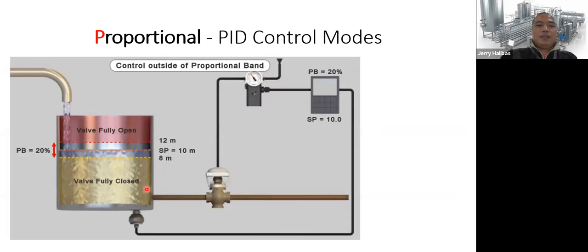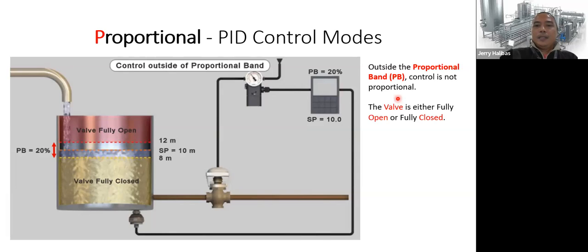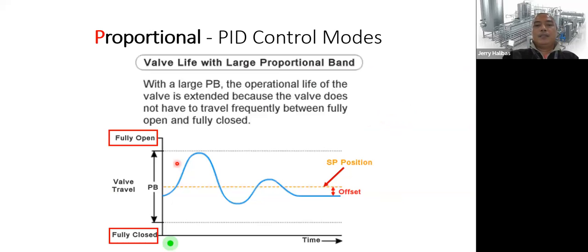So that is the scenario. Here at this setting, the valve is fully open, and down below your proportional band, the valve is fully closed. So outside the proportional band, the control is not proportional, it is no longer linear. The valve is either fully closed or fully open, as shown outside the proportional band.